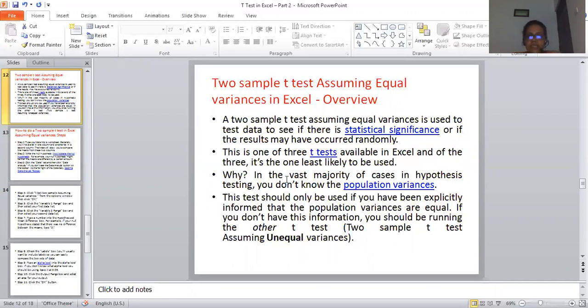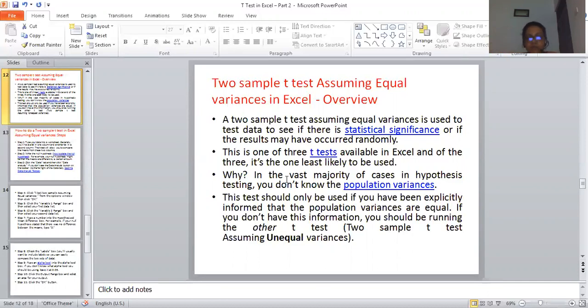So this test should only be used if you have been explicitly informed that the population variances are equal. If you are asked to assume that the population variances are equal and you are asked to do the t-test, you can go for this option.